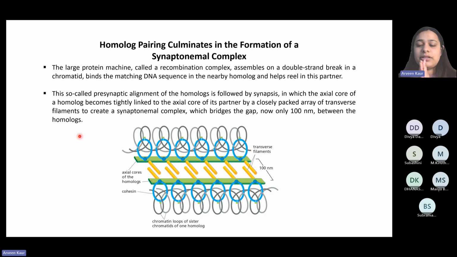Before the synaptonemal complex had formed, the homologues had come close together, but the gap was around 400 nanometers.